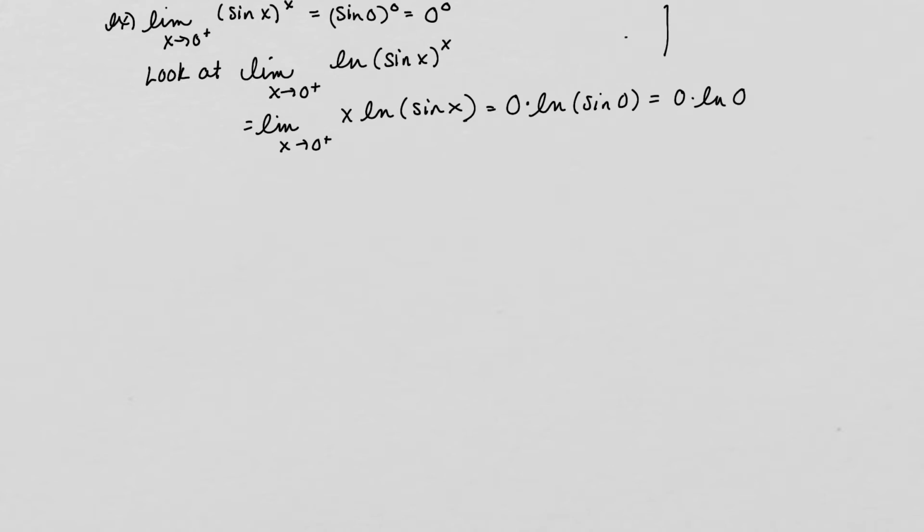And if you remember your log graph, it looks like this. So as I come into 0 from the positive side, the natural log approaches negative infinity. So really what I have is 0 times minus infinity, which is one of those indeterminate forms, right? I wrote it earlier as 0 times infinity. If you have 0 times negative infinity, it's the same indeterminate form.